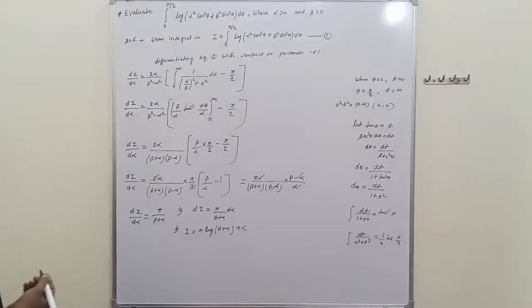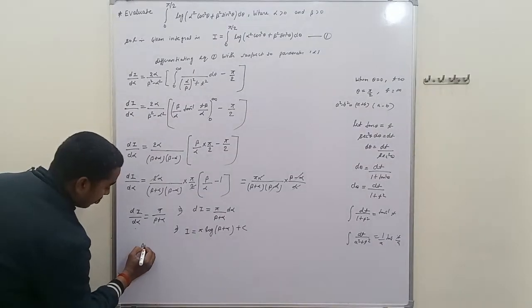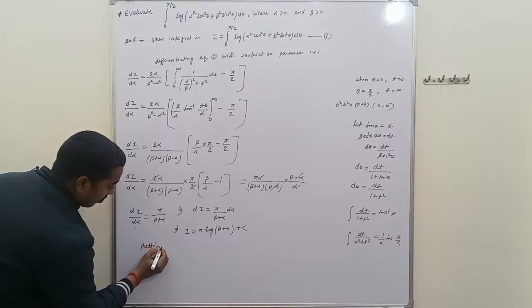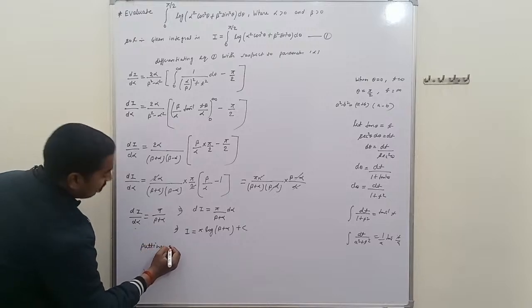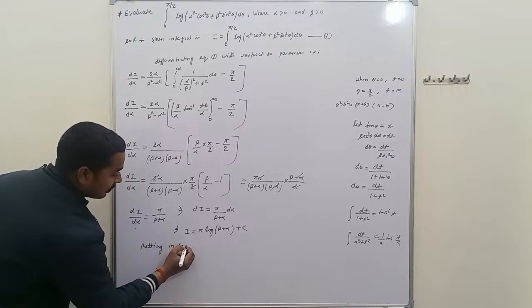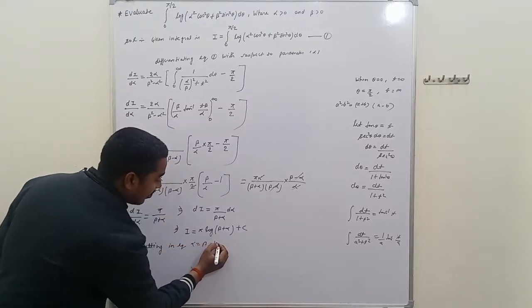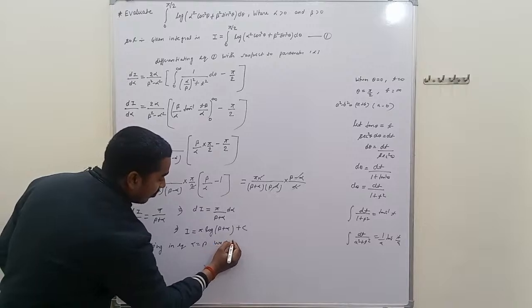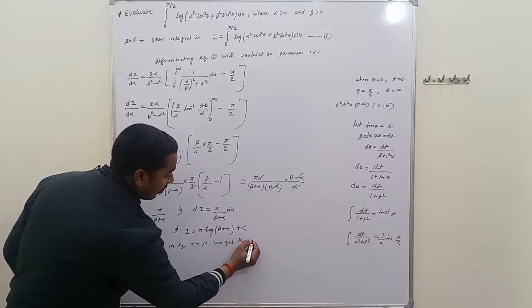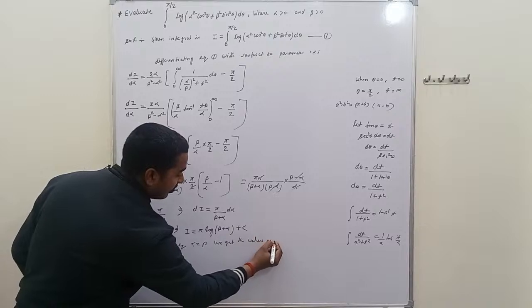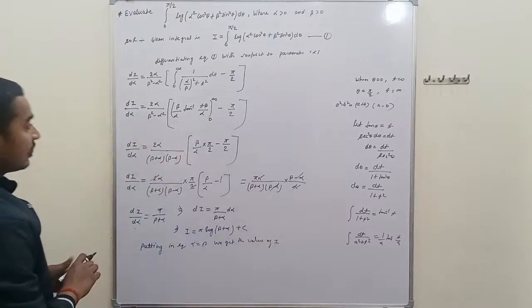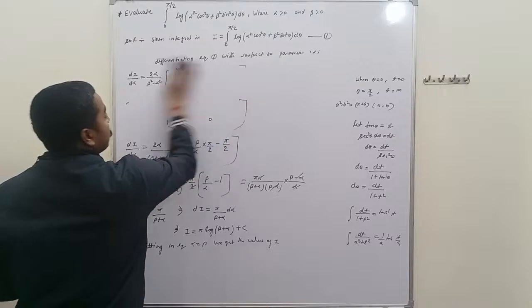Putting in equation 1, alpha is equal to beta, we get the value of I. Then we have to further solve.